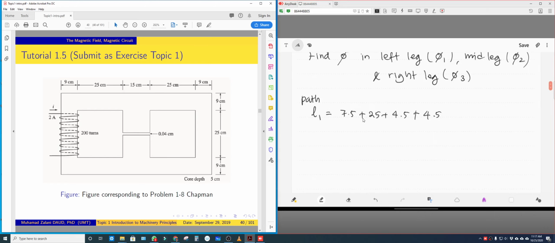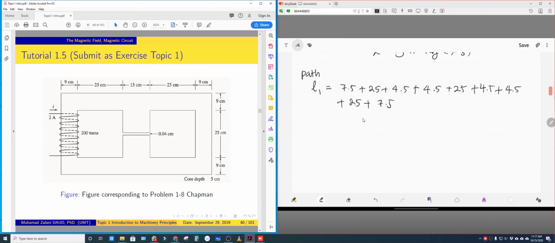Okay, then plus 25 plus 4.5, again plus 4.5, and then plus 25 again, and finally plus 7.5.